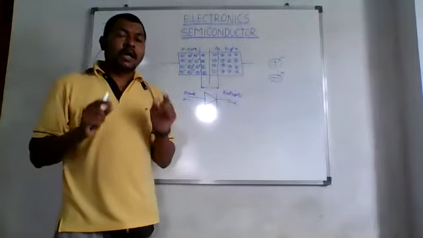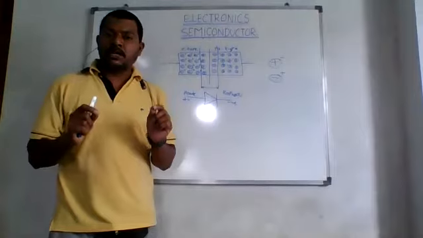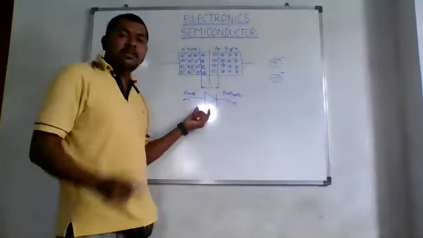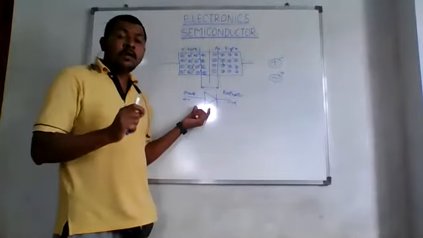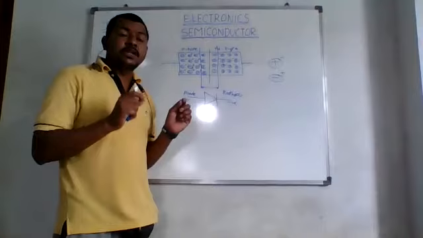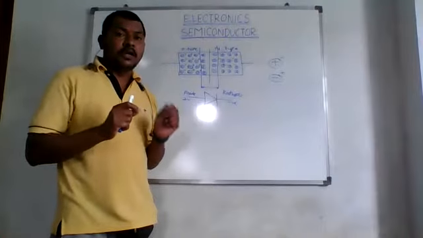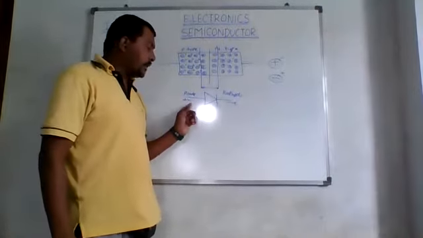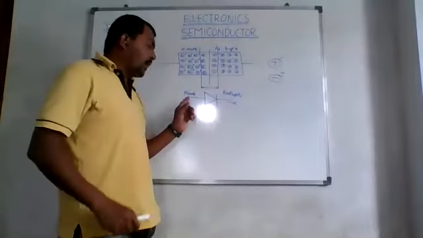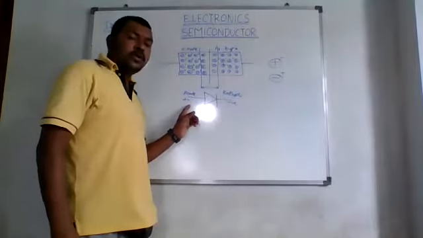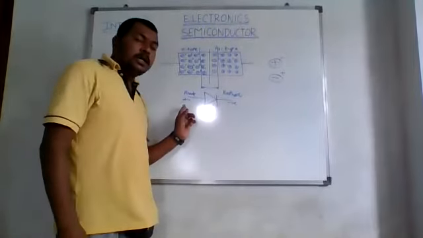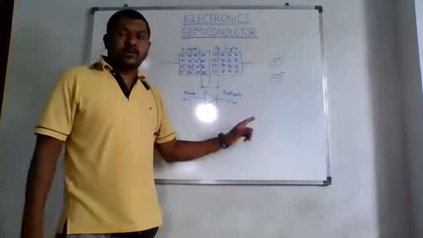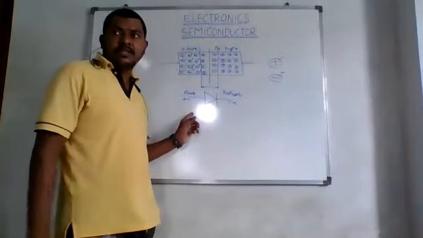Whenever you draw the symbol of any semiconductor device, there will be an arrow which clearly indicates the direction of flow of current. If we connect this anode and cathode, the current flows from anode to cathode, and not in the reverse direction.